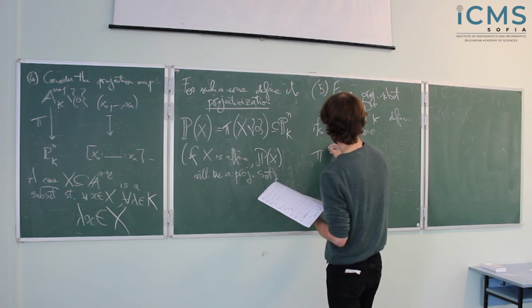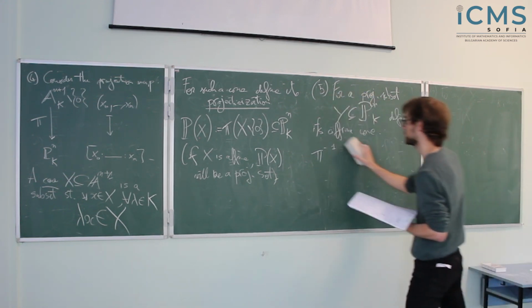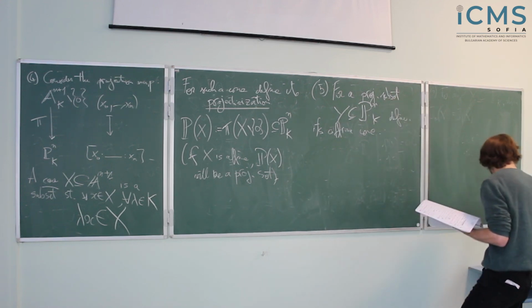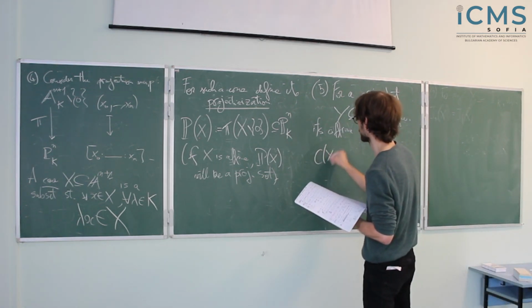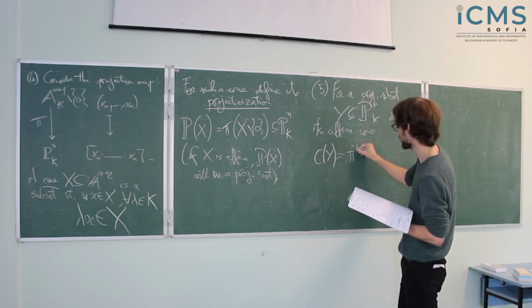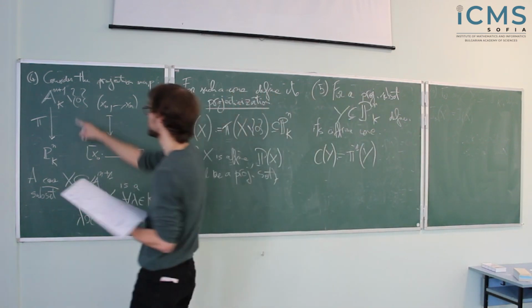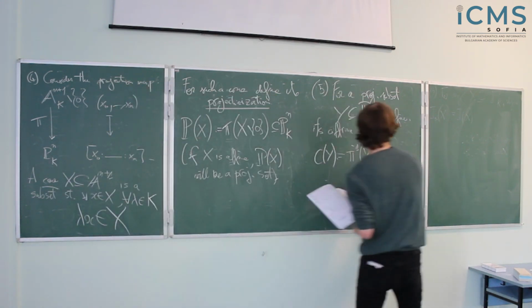So this actually has a notation. This is just the cone of Y. So this is going to be P minus 1 of Y, but we won't have 0, so we need to add it artificially.